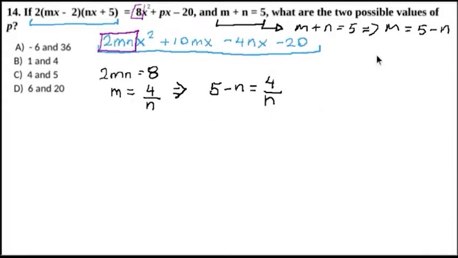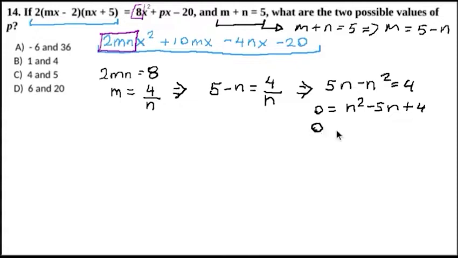Okay, so now we have to simplify this even further. Multiply across by our n, and we'll get 5n minus n squared is equal to 4. Bring every term to the right hand side, and we'll get 0 is equal to n squared minus 5n plus 4.